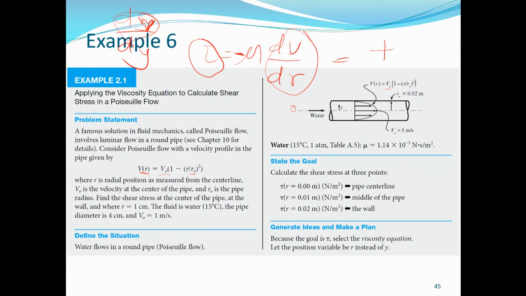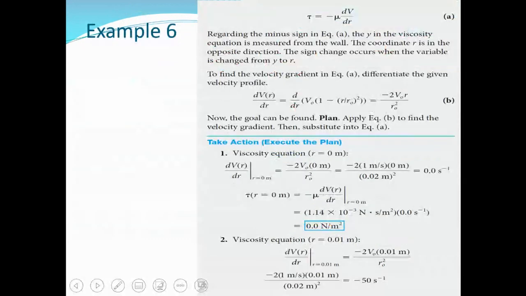Now we need to find dV dr, that is, differentiate this with respect to r, and this is very simple. The sign change occurs when the variable is changed from y to r. So dV dr, you did differential calculus in math 101, very simple.